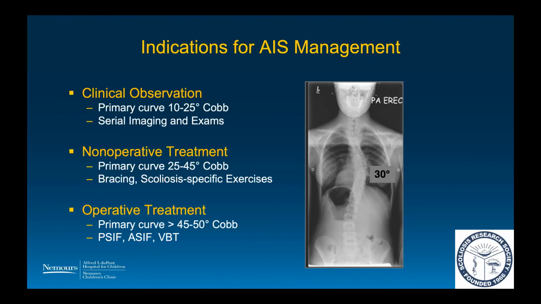These are curves between 25 and 40 degrees, and if they have continued growth, you should follow them, brace them if necessary. And finally, operative treatment for those curves greater than 45 or 50 degrees. People with curves greater than 50 degrees, even if they're done growing, have a potential to progress during adulthood. This can affect their quality of life and their choice of different situations.